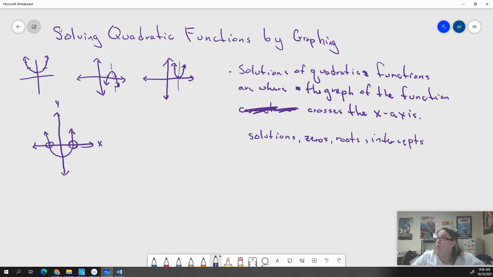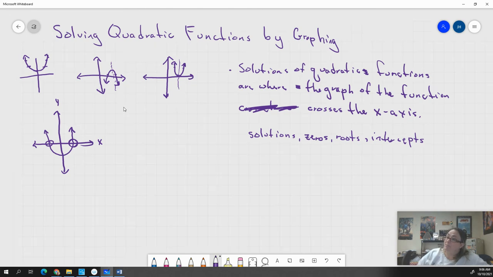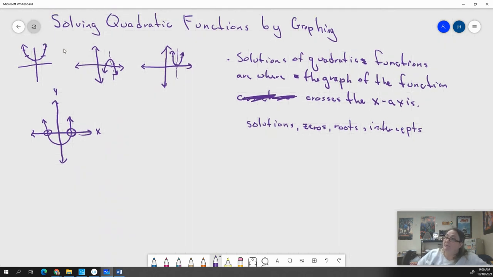But really, what they are, quadratic solutions, they're saying, what is x when y equals 0? And notice there are multiple types right here. If you look at this one that I have right here, there are no solutions. It's never crossing that axis.